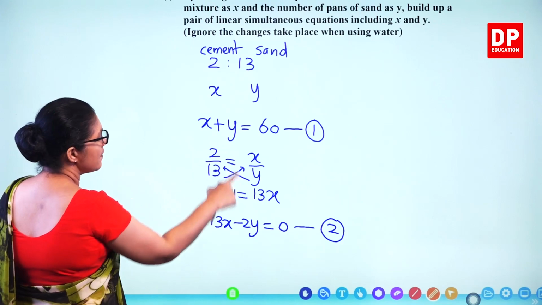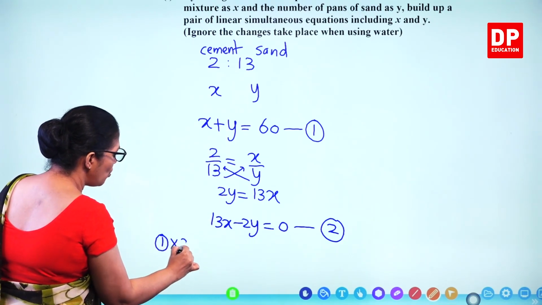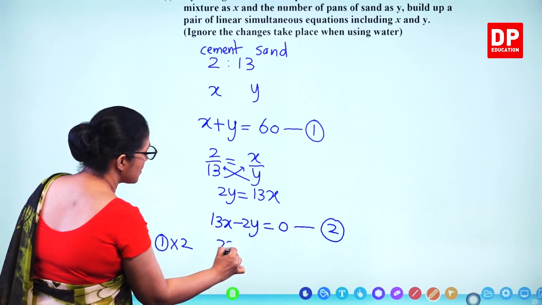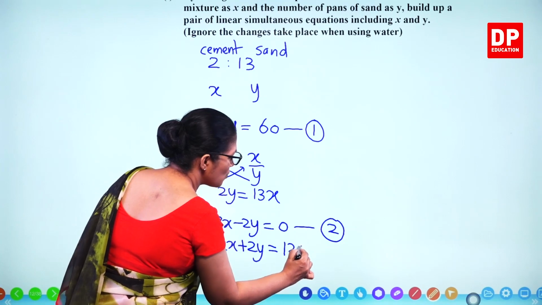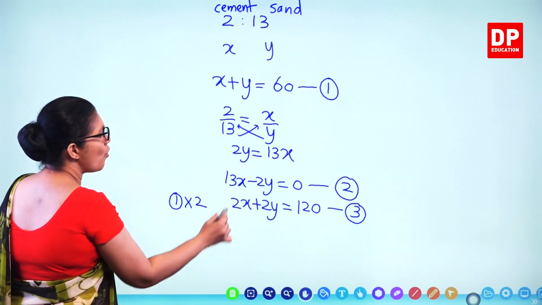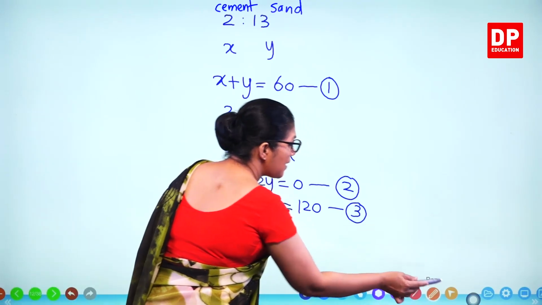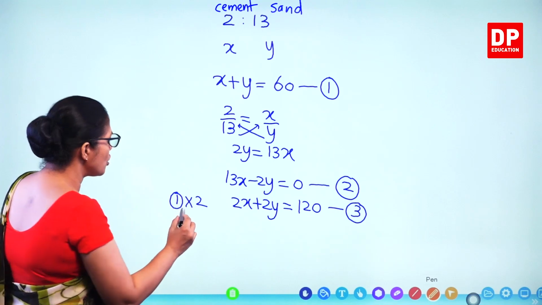Now we need to solve and find out X and Y. So you have to make the same coefficients. We'll multiply the first one by 2. 2X plus 2Y equals 2 times 60, which is 120. That's our third equation. Same coefficient of Y, but the signs are different. So what do you do? You have to add the two equations.